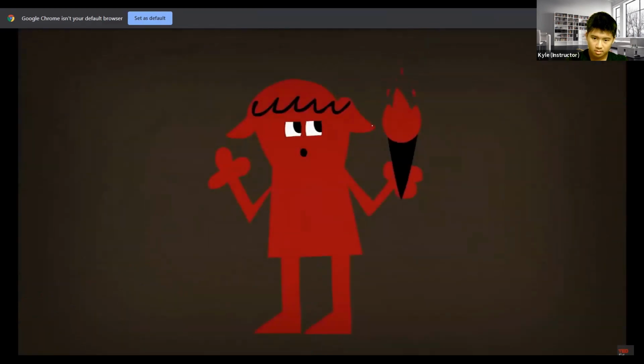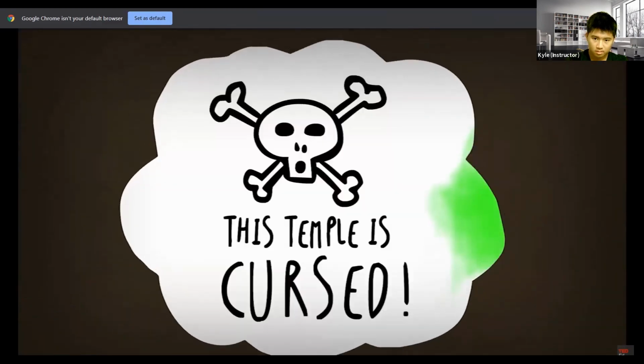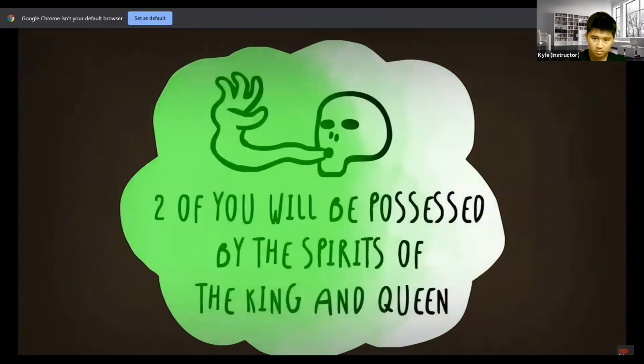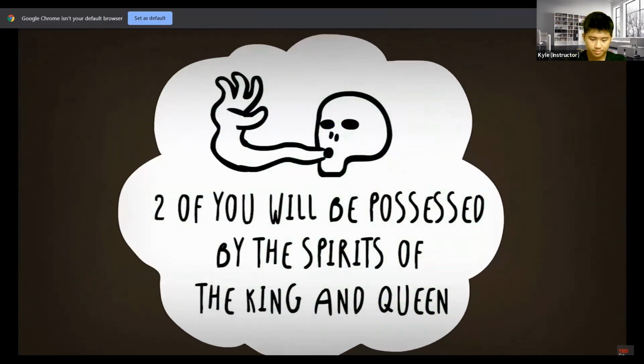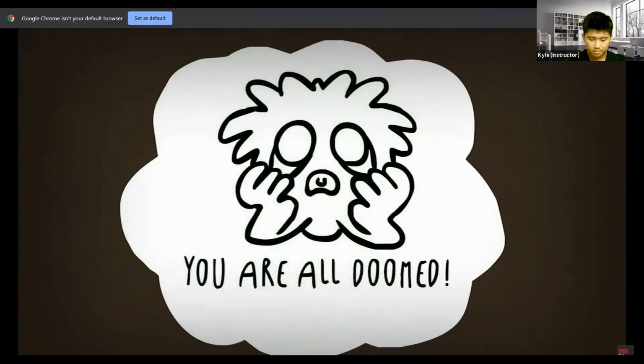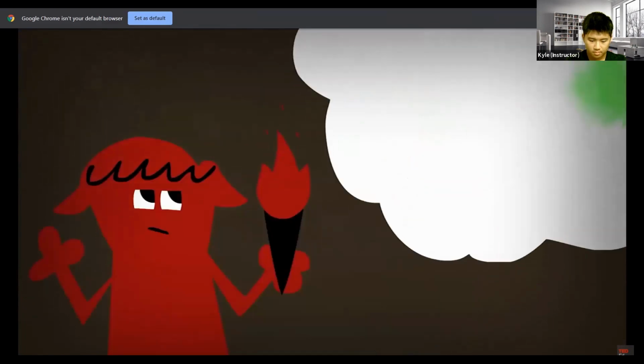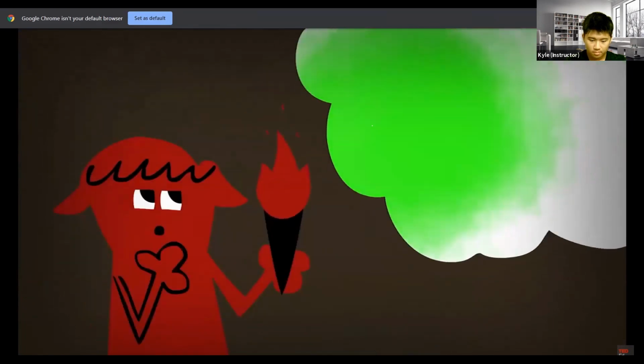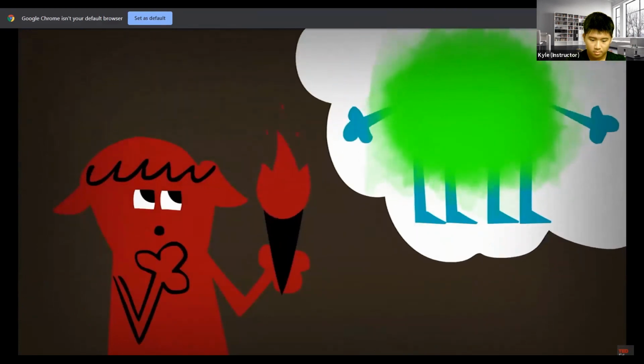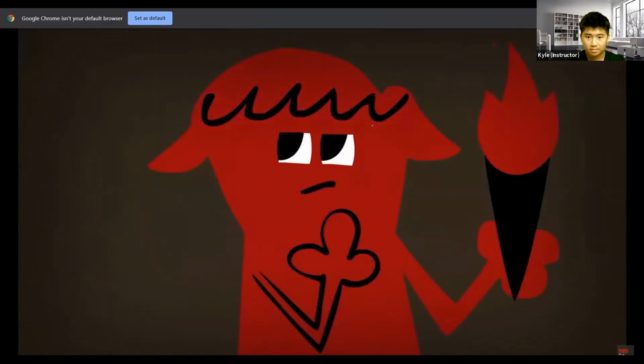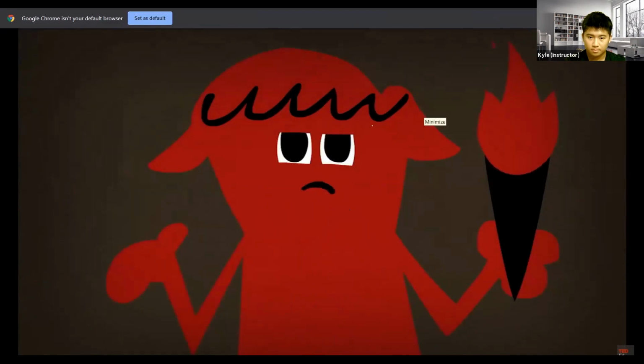There's just one problem. The inscriptions told of the altar's curse, the spirits of the city's king and queen possessing intruders and leading them to their doom through deception. Remembering the green smoke, you realize 2 of the students have been cursed. At any time, one or both of them might lie, though they also might tell the truth.